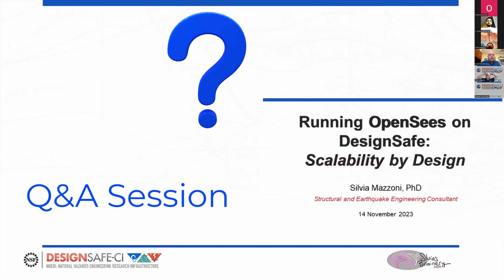OpenSeesSP knows what to do, and if you look at the documentation, there's a lot of things about it. This is not just a DesignSafe issue, this is just about OpenSees itself. So for OpenSeesSP, you just have to specify the parallel solvers. For OpenSeesMP, you write your script in Tcl or Python, however you want, but you need to know what your processor is, because all the processors are running the same script.